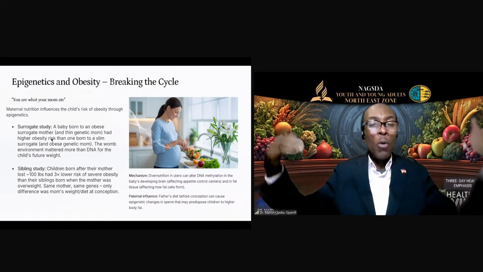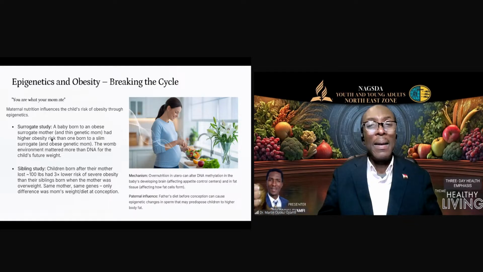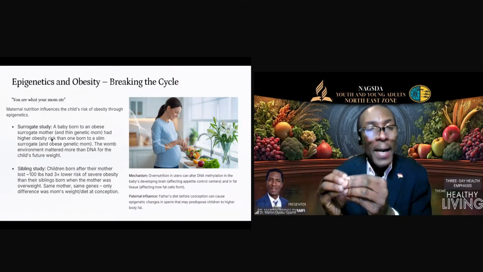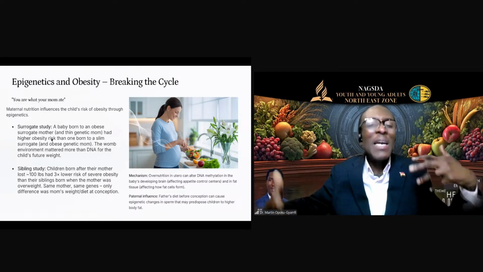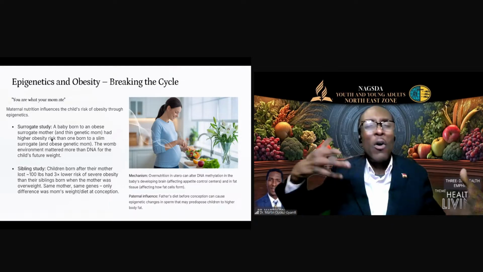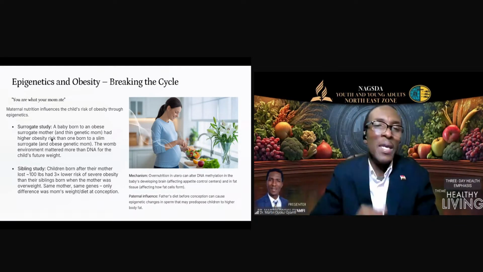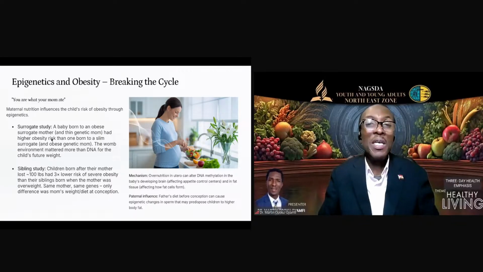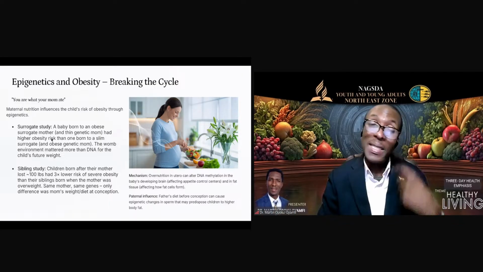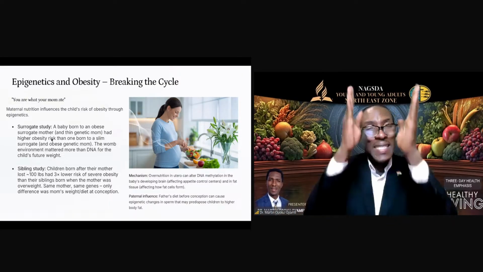So if the mother is obese, but the egg donor is a thin mother, the environment creates epigenetic tags that will tag the baby, and then the baby will be born and will become obese in the future. And then they did another study to test this further. They looked at the same mother.